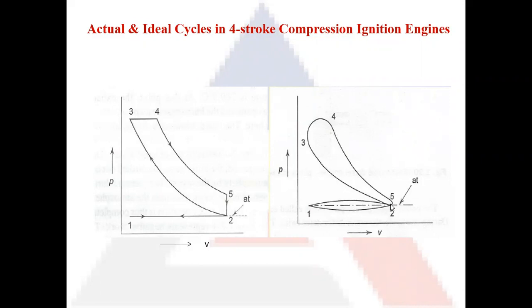And then again, you can see that all the sharp corners have been replaced by smooth curves. So the transition is taking place over a certain time duration, or at certain crank rotation of the cycle. So here you can see the difference between your ideal and the actual cycle.